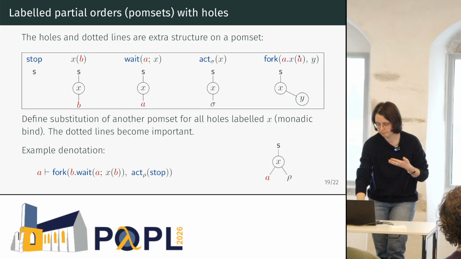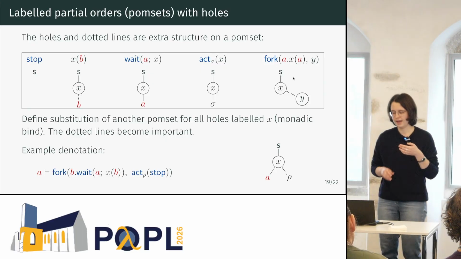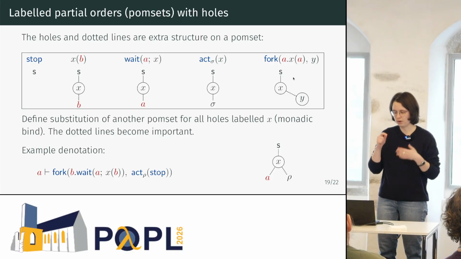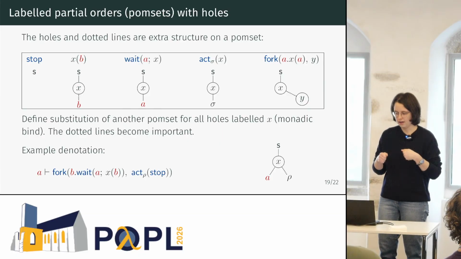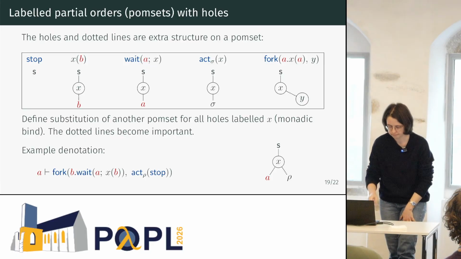And then again, the parent is the main thread, so it is connected to the stop label. And maybe the most important thing about these holes, x and y, is that we can substitute other POM sets into them. And that's when we start using the dotted lines.